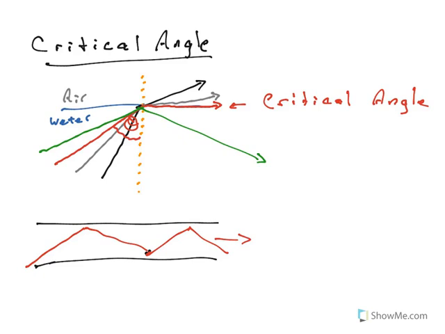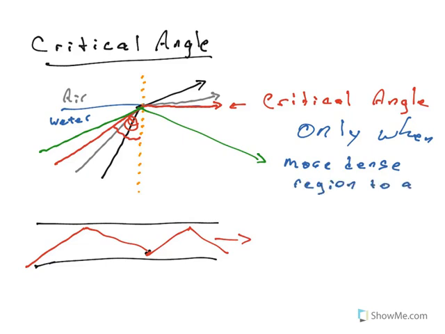The key, of course, is this only works when you're going from a more dense region to a less dense region, or sometimes called rare region.